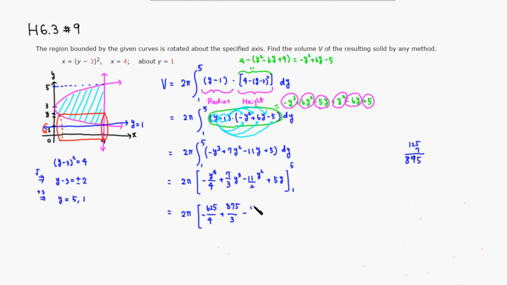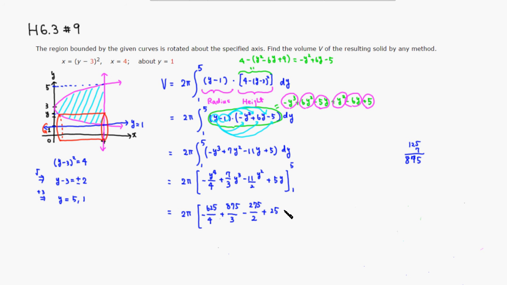Minus 11 over 2. So you have 25 times 11, which would be 275. And plus 5 times 5 is 25.